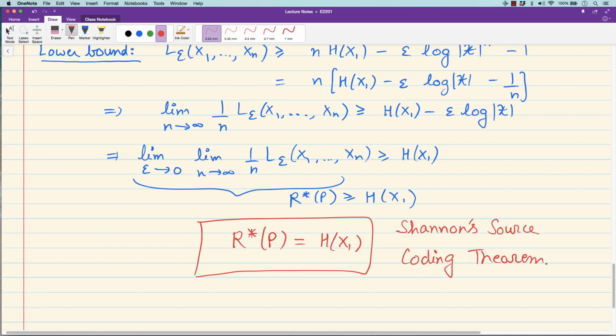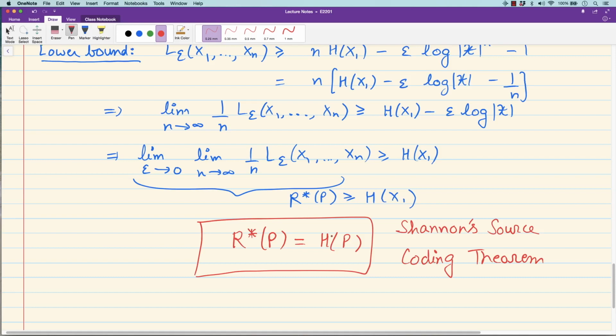So in English, what this says is that the number of bits per symbol that is needed, let me put h of p here, the number of bits per symbol that is needed to store an IID source with common PMF, common distribution p, with vanishing error is exactly h of p. So we have not only shown a scheme which attains this, we have also shown that no other scheme can improve over this. So in this specific sense, at least, entropy is the optimal answer. It's the unique optimal answer.